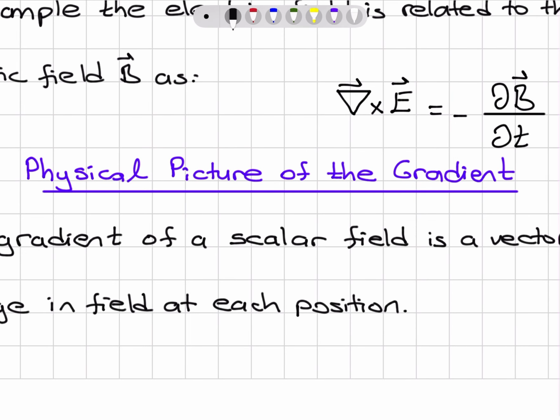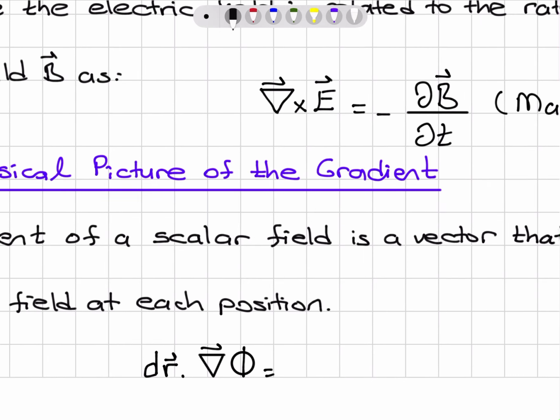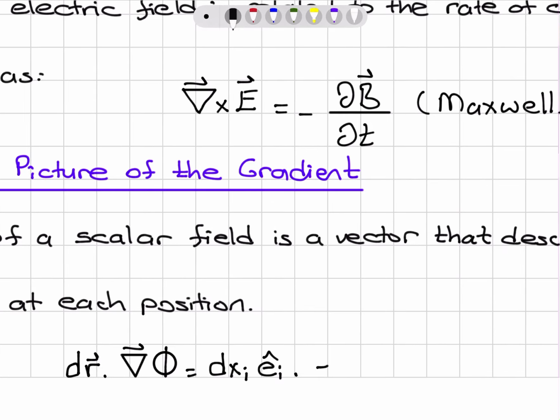If we take the dot product with an incremental displacement dr of the gradient of a scalar field, gradient of phi, using the subscript summation notation, dr is dxi ei hat, the dot product with the gradient vector, let's point in ej hat direction, the derivative of the scalar field phi with respect to xj.